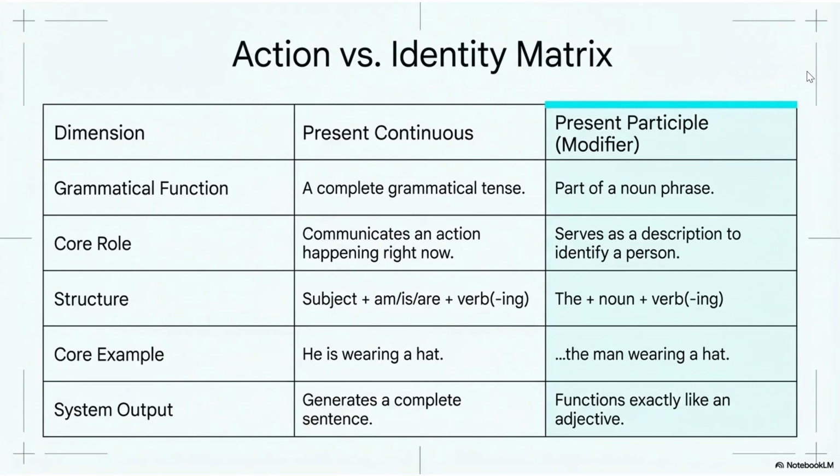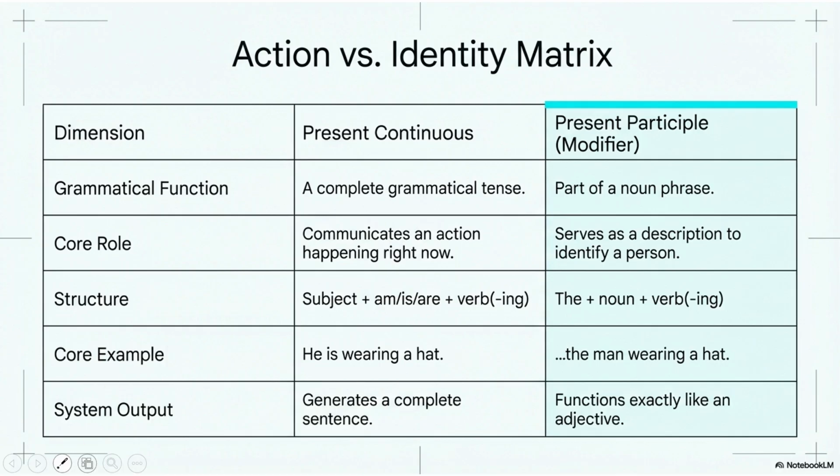Okay, so the main thing with this, in the case of the students, is that you normally see ing with a tense, present continuous. But we're not talking about present continuous. We're talking about the present participle, because the present continuous is a tense.